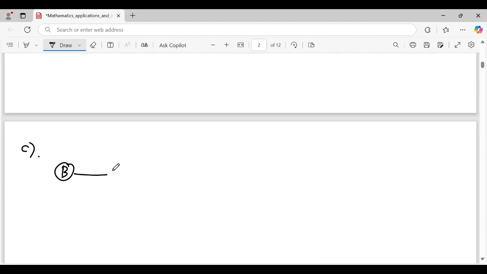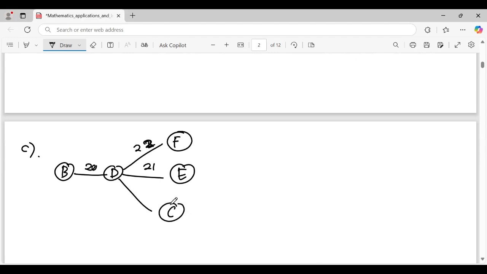B to town D is 20, and then D to F, town F, 22, and D to E, 21, and D to C is 19, like this.